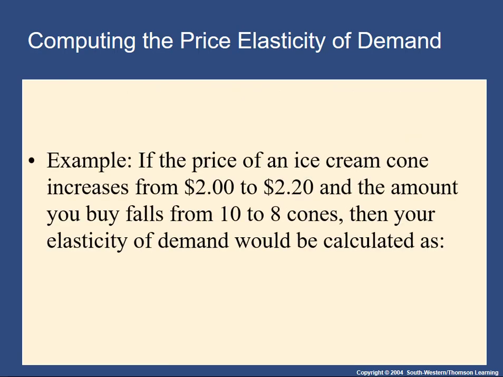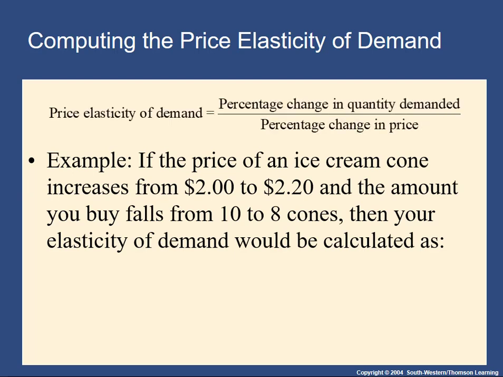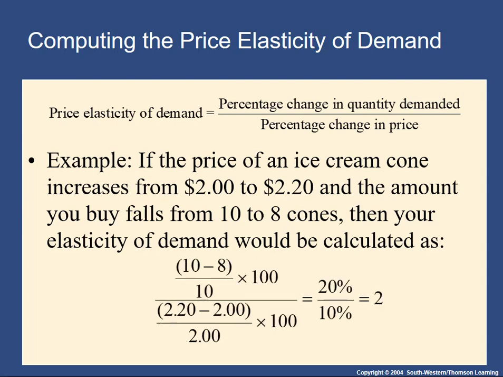So here's the question. If the price of an ice cream cone increases from $2 to $2.20, so we've moved from one point to another, and the quantity that's purchased falls from 10 to 8 cones, then if we calculate the elasticity of demand, we'd get the following calculation.